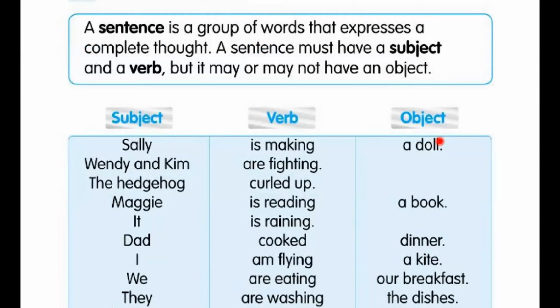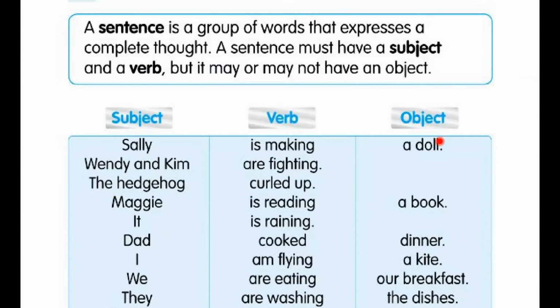So here the main point is that sentences comprise a subject and a verb. जरूरी होता है उसमें, कैसे भी होता ही होता है. But object compulsory नहीं है. Object may be present or object may not be present in the sentence. For example, look here.